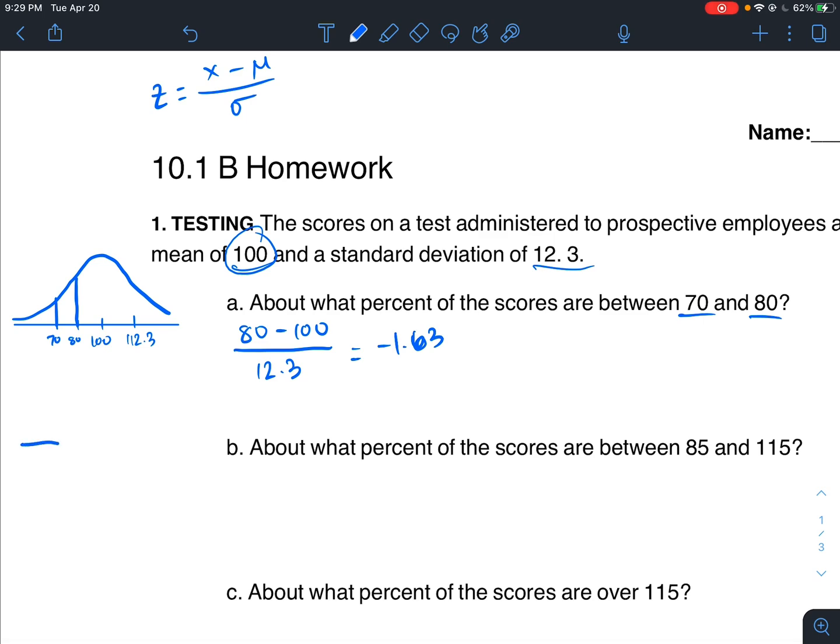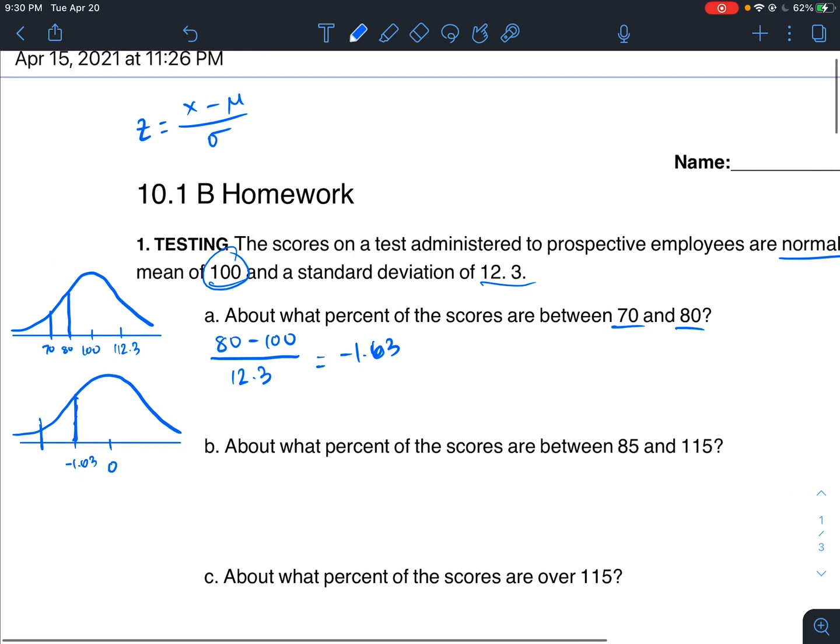So basically what this tells me, so I'm going to draw a standard normal curve. The mean is always going to be 0. So in this case, 0 represents my 100 mark. Negative 1.63 represents my 80 mark. So now I want to find my 70 mark, because I'm trying to find the area between these two. So now I have to standardize 70.